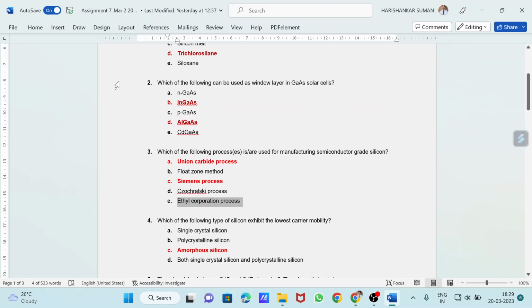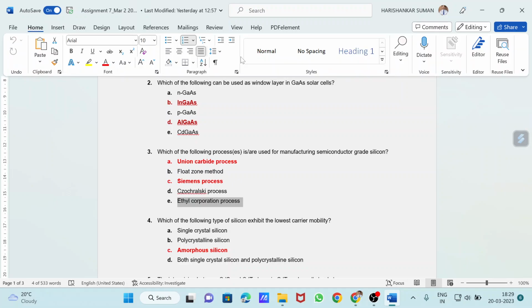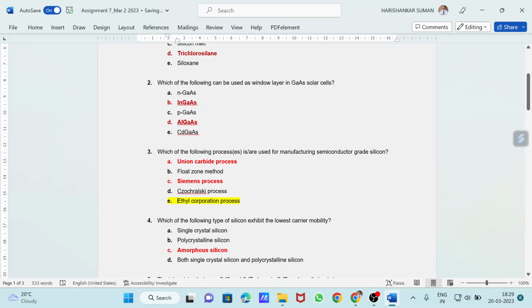Okay, this will also be the answer. Yes, you are right, the Ethyl Corporation process is also correct. Thank you for your information.